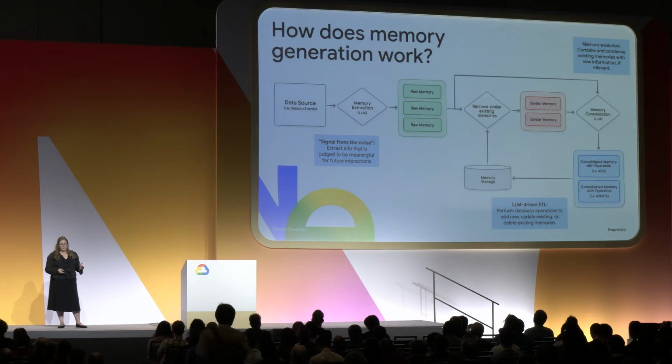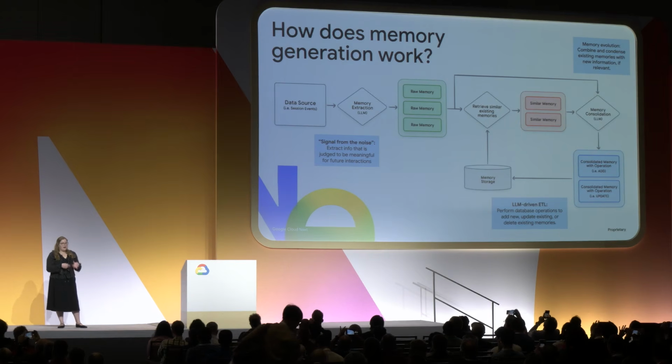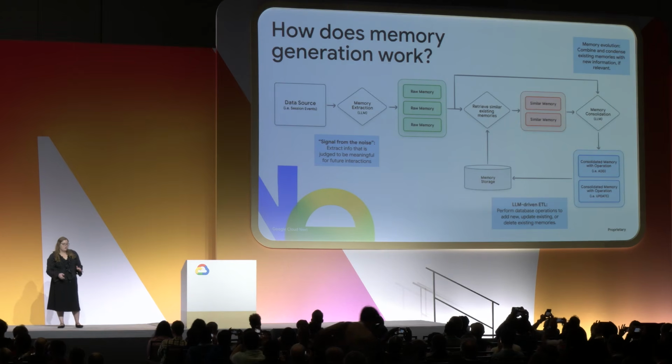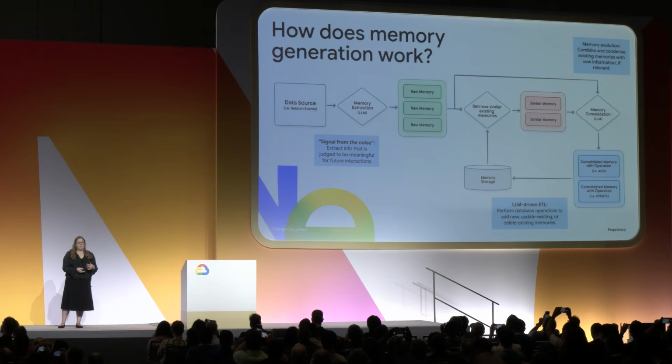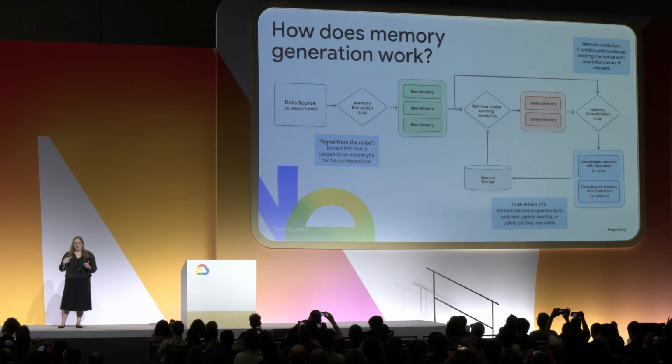The memory generation algorithm at a high level works like this. First, you have your data source. Generally, that's your conversation between your agent and your user. You're providing that turn-by-turn conversation that can be super verbose and not necessarily meaningful for future interactions.